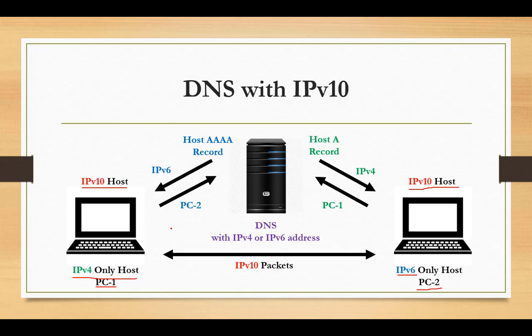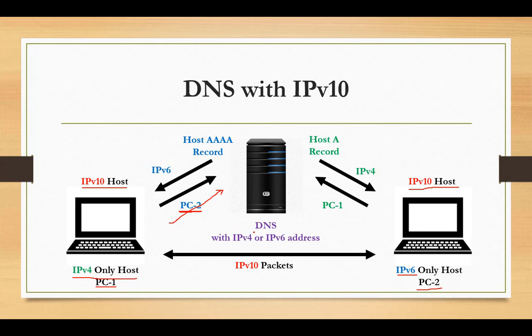I don't know the IP, so PC1 will send a DNS query to the DNS server, because the DNS TCP/IP configuration is configured on the IPv4 only host. Hey, I need the IP address of PC2.